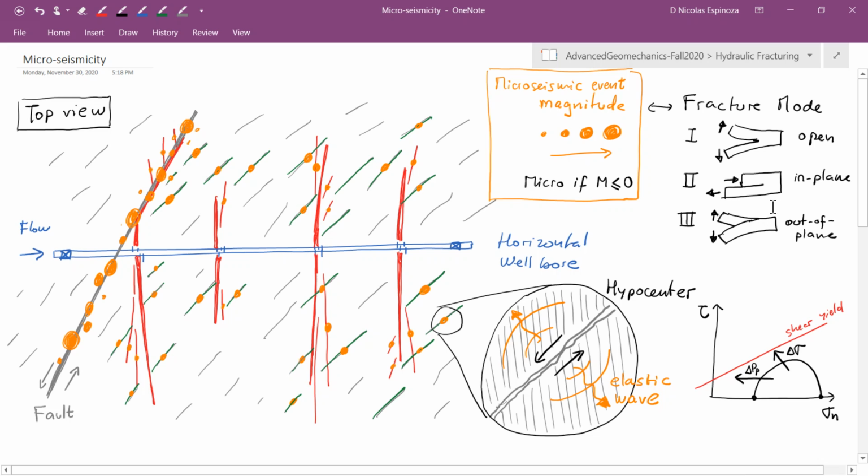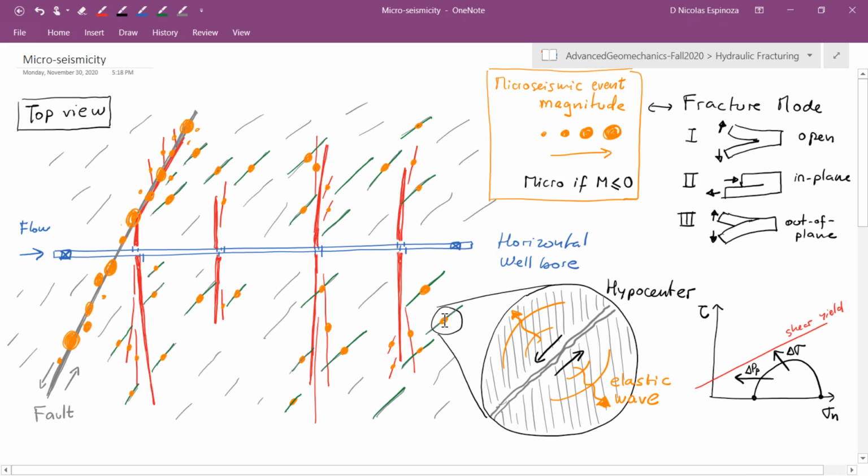And we can imagine that in these simplified schematics, where we have one section of the rock sliding against the other in shear, that event is the one that's going to generate the most energy in the form of elastic waves.